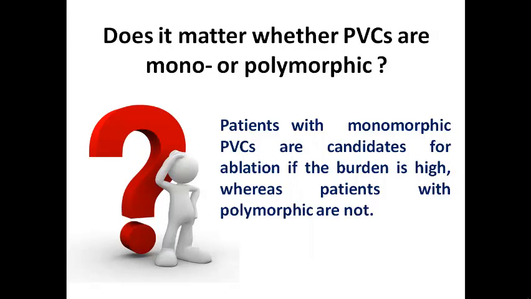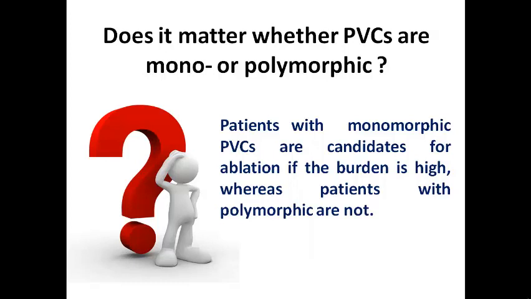And this of course makes sense, because in monomorphic PVCs there is just one focus that I try to define during the EP study in order to do radiofrequency ablation for it. But in polymorphic PVCs there is more than one focus, which makes the ablation procedure much more difficult. Sometimes it is impossible to eradicate all the foci, especially with a higher number of foci.